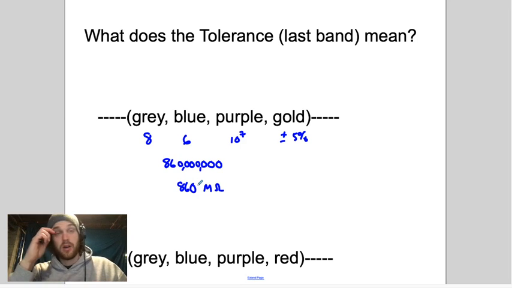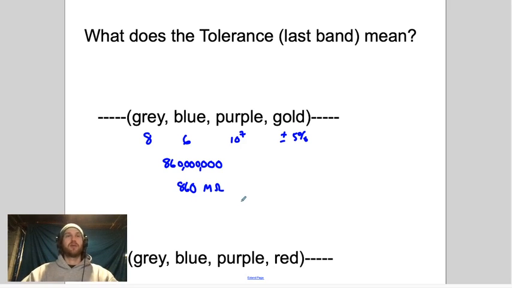So I can go here and basically take 860, and we're going to find an upper bound. There's a couple ways you can do it. You can find 5% of 860, or you can multiply by a decimal that's a little bit larger than 1.